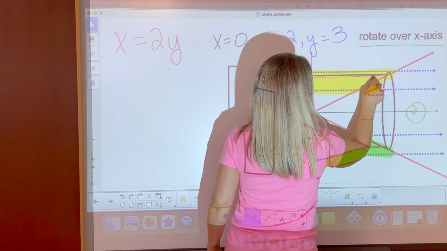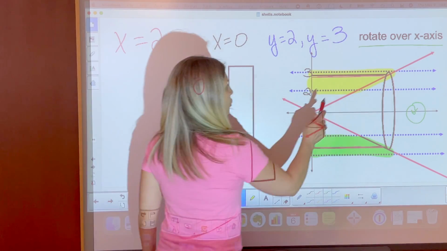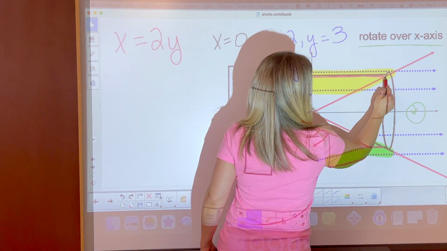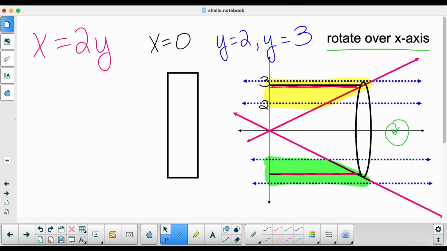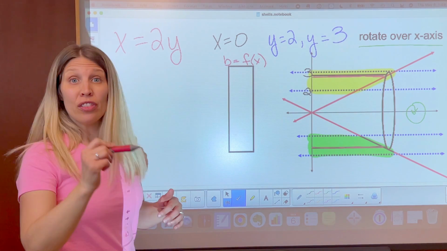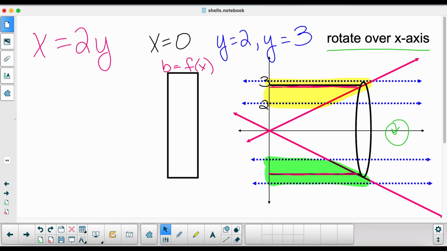This is the base of your shell. So your base of your shell is hitting the function. So this time our base is just going to be whatever our function is. And the circumference part of our shell ends up being right here. So this will be our 2 pi r.